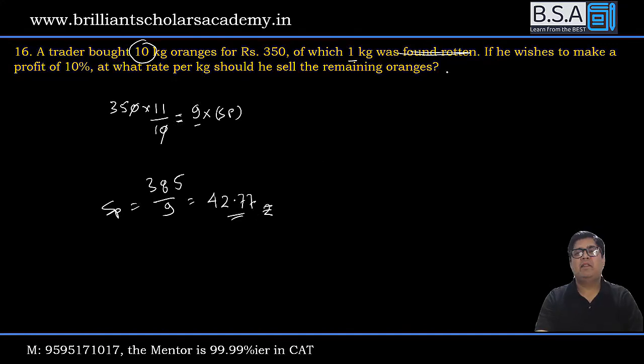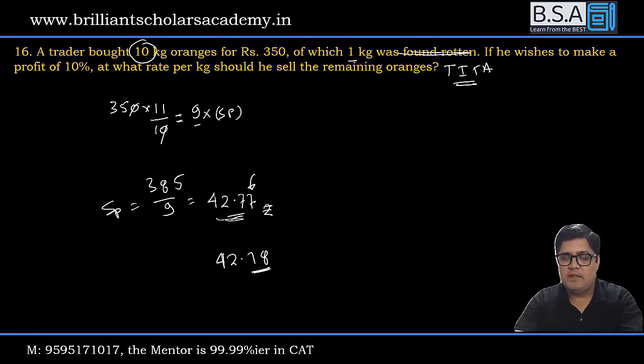So usually if this comes out to be a TITA question, they'll say type in the nearest integer, or they might ask you for 2 decimals exact. This is 2 decimals exact. Understand the difference. This is 2 decimals rounded off. 2 decimals rounded off is 42.78. 42.77 is the exact value for 2 decimals.